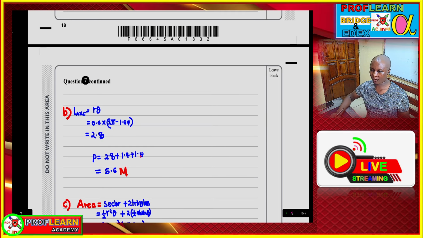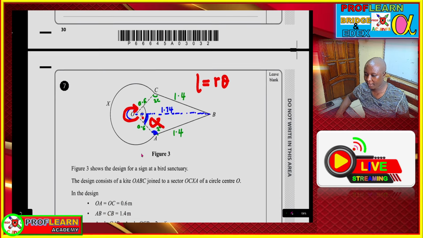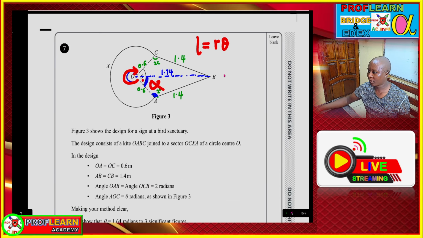Now let's talk of the area. The area approach I used here is that I worked out the area of the sector that we have here, and then I added the area of the two triangles.